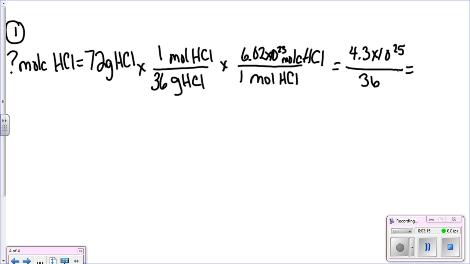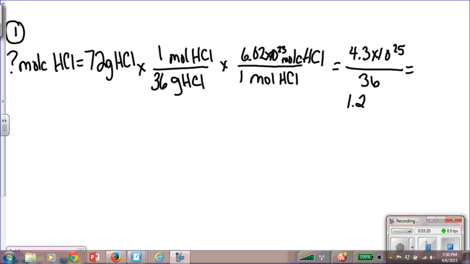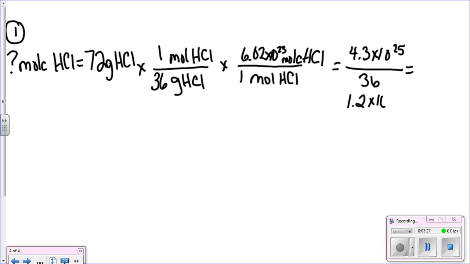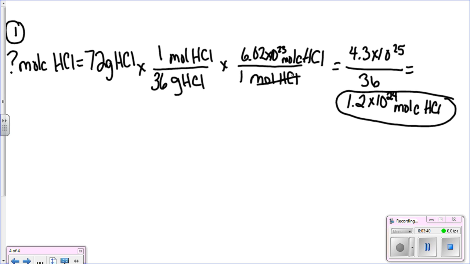Divide those numbers, and our answer comes out to be 1.2 times 10 to the 24th molecules of HCl. So our moles cancel, our mass cancels, and we're left with molecules of HCl. So number 1 is the sample for problems 2 through 5.